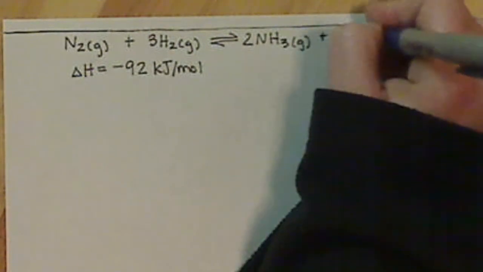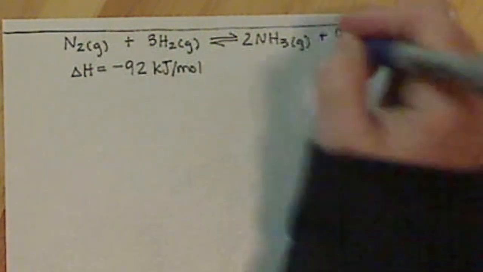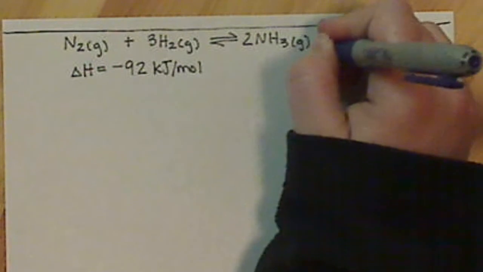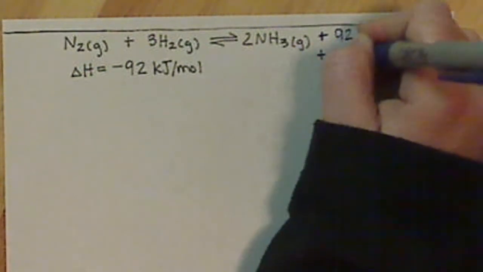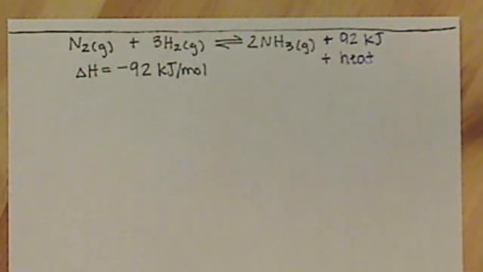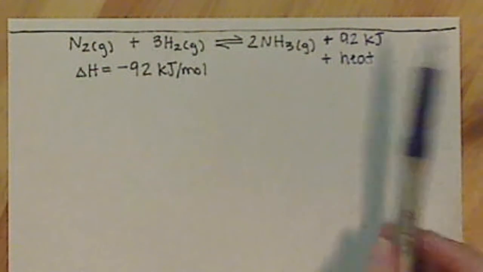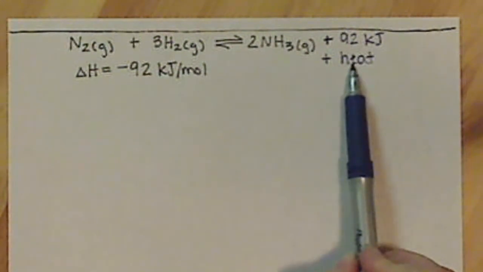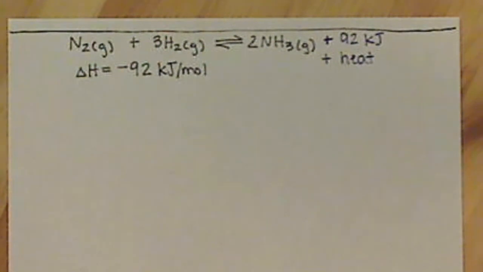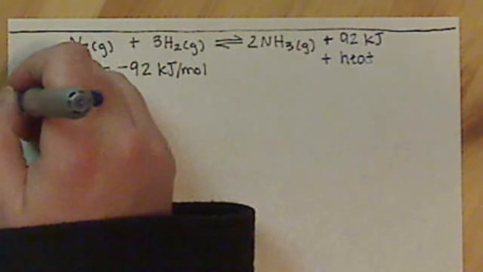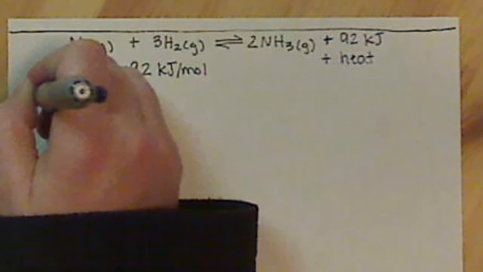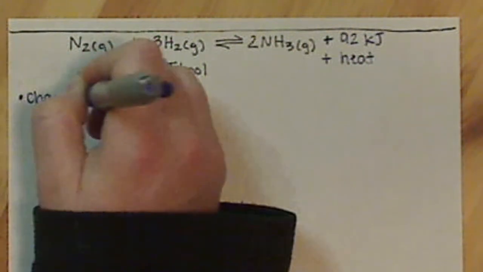So we have plus our 92 kilojoules, or we can even just think of this as plus heat, because the value of it doesn't really matter to us. All that matters is what side of the equation it happens on. So, again, we're looking at our change in temperature.